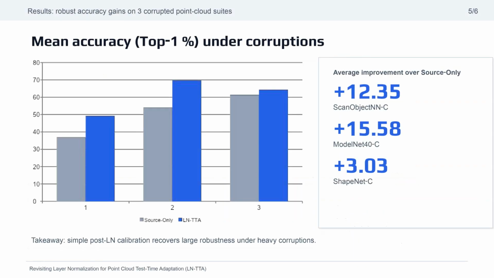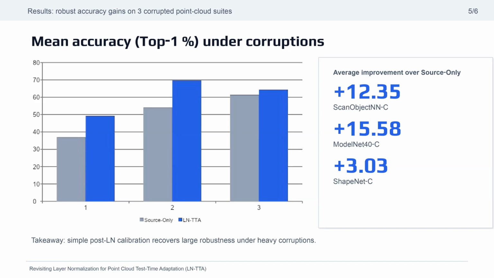Let's look at results on corrupted point cloud benchmarks. Across 3 datasets, ScanObjectNN-C, ModelNet40C, and ShapeNet-C, LN-TTA improves significantly over the source-only baseline. The abstract reports gains of plus 12.35, plus 15.58, and plus 3.03 points respectively.